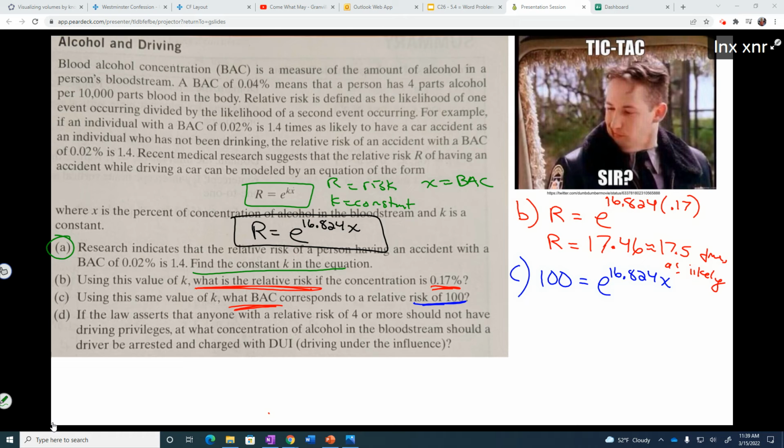So then we're going to take the natural log on both sides, right? Because e is already there by itself. So natural log of 100 equals 16.824 times x. And then to get the x by itself, we're just going to divide.